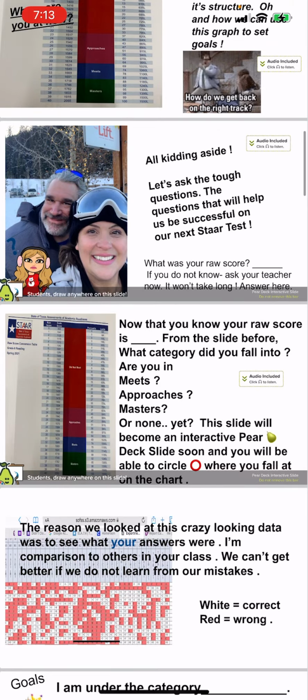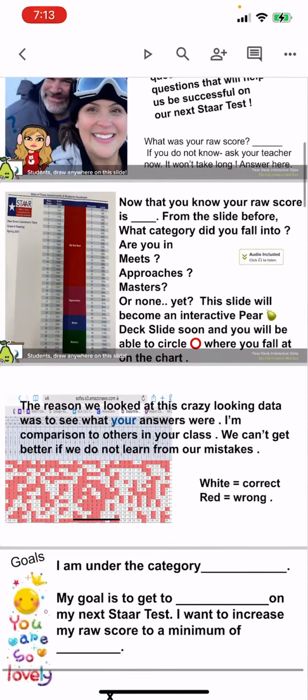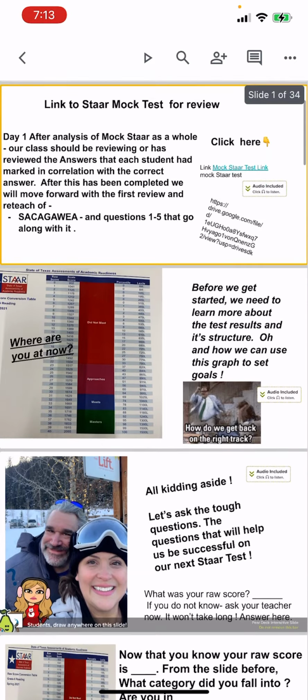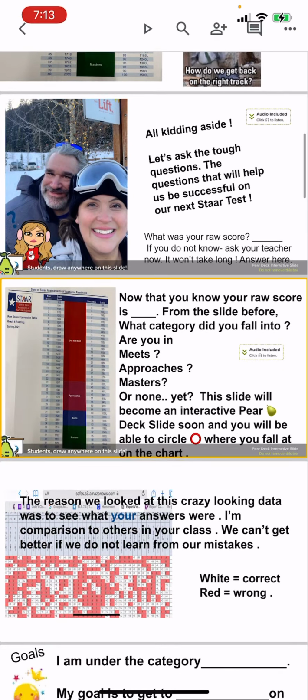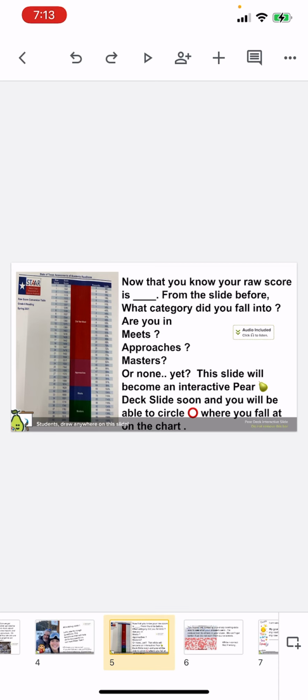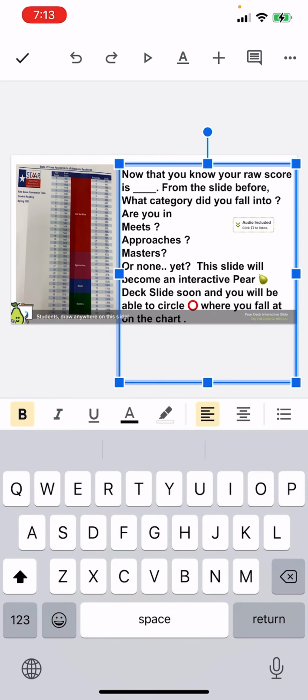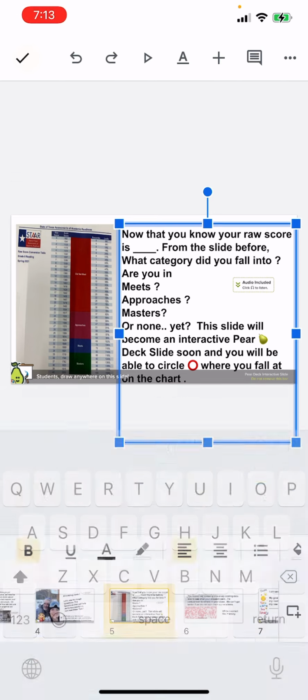So just know there is a tweak in this right here. I could literally edit right now. I could say, now that you know your raw score, okay, we're going to make a little edit. I don't need to do this with y'all on the phone. I need to go back and do it later.